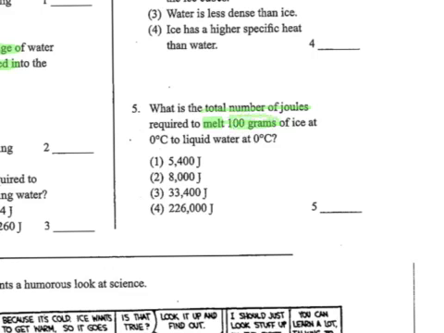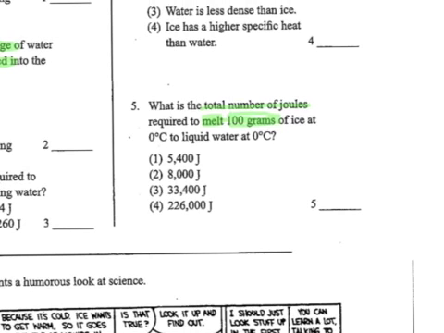Remember, sometimes they will give you a mass. In this instance, you need to multiply the energy that goes into melting the ice by 100 grams in order to find the total number of joules required.